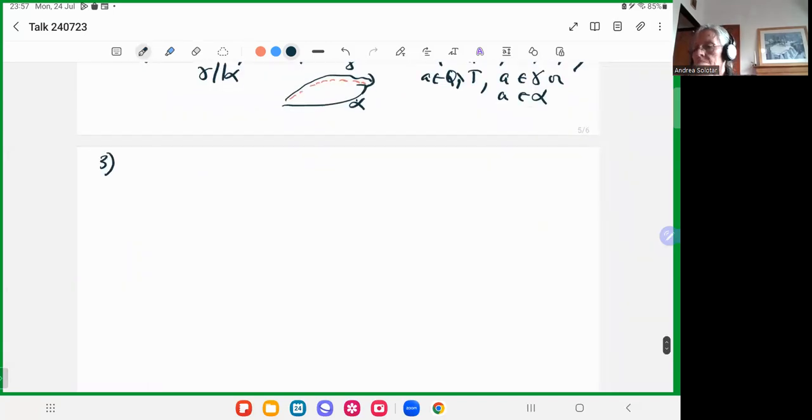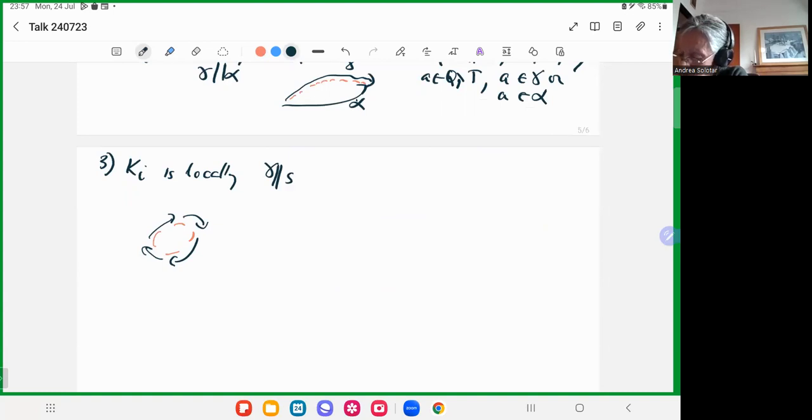The third type is the case when Ki is locally of type gamma, and this is going to be now a cycle which is full of relations, and it is parallel to the source of gamma.